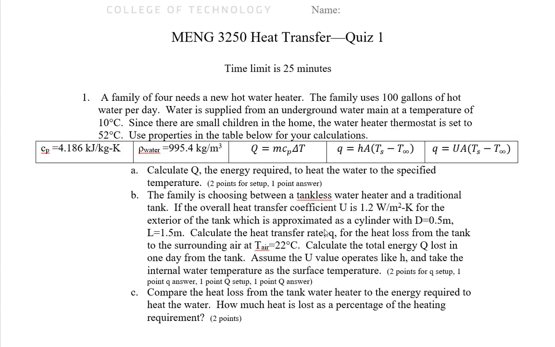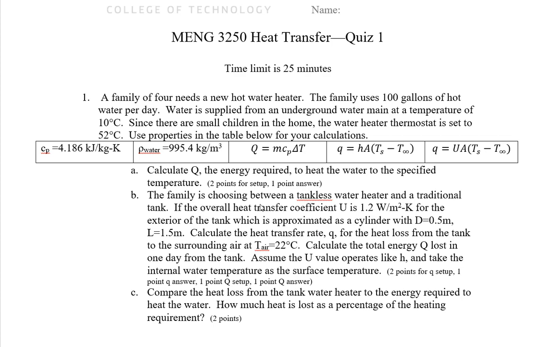And then part B, they're evaluating between a tankless water heater, which won't have any heat loss when you're not requiring any water flow, and then a traditional tank, which will store some volume of water and lose heat throughout the day and need to be reheated.